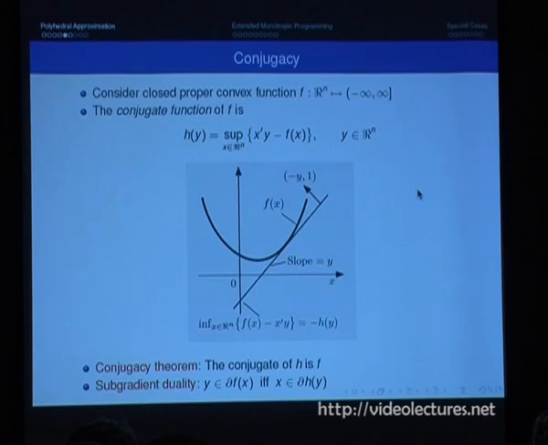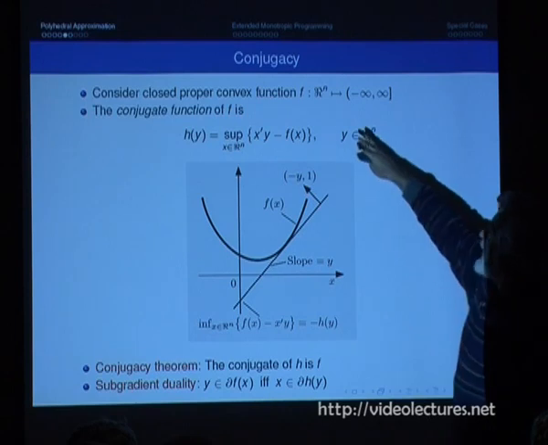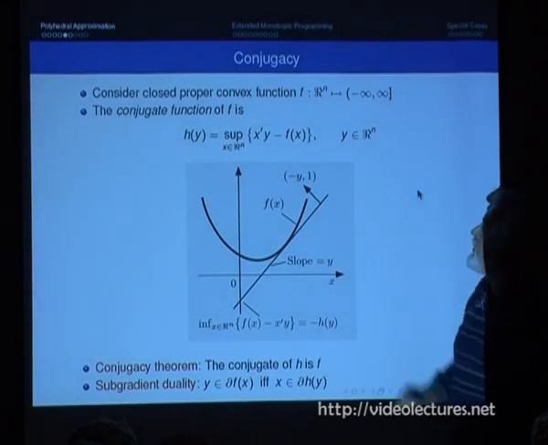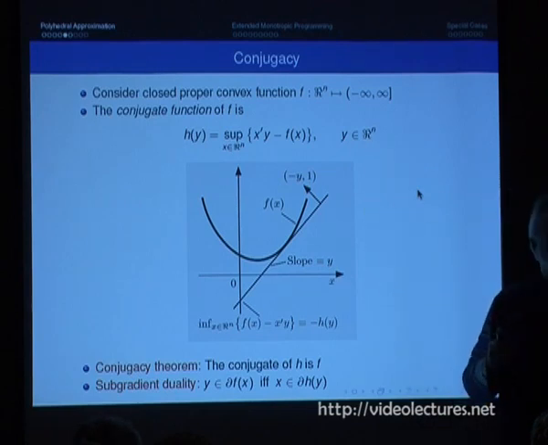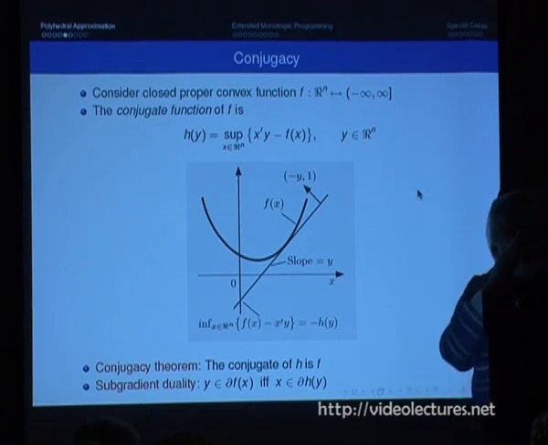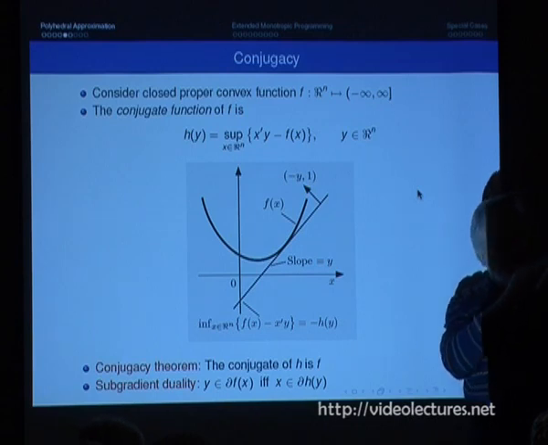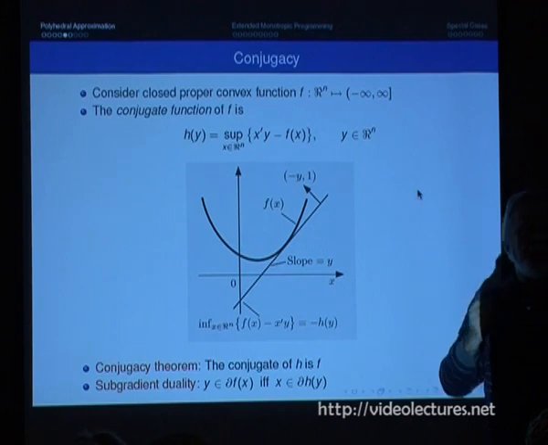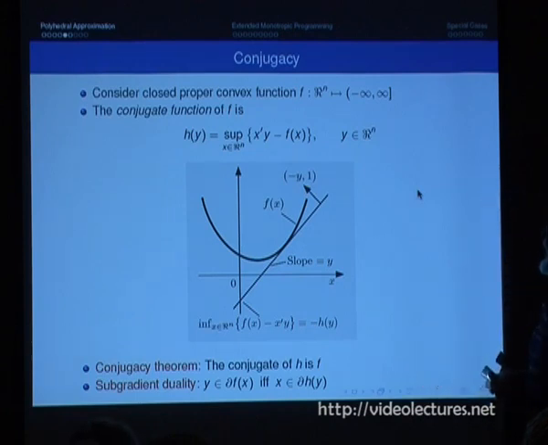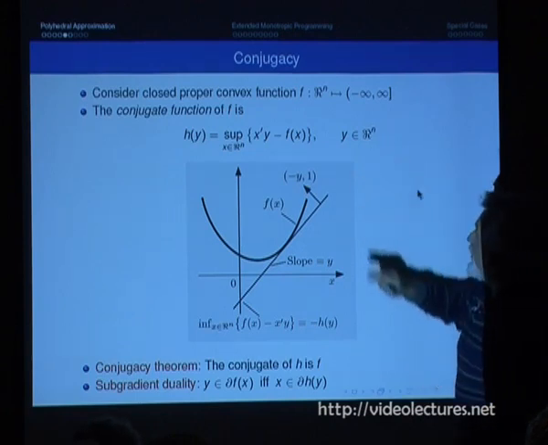This is just terminology. Let me just remind you also the definition of conjugacy. Given a function f, which is closed, lower semi-continuous, it's possible to take the epigraph and approximate it by half spaces corresponding to subgradients. And the intersection of all these approximating half spaces gives you the epigraph of the function.